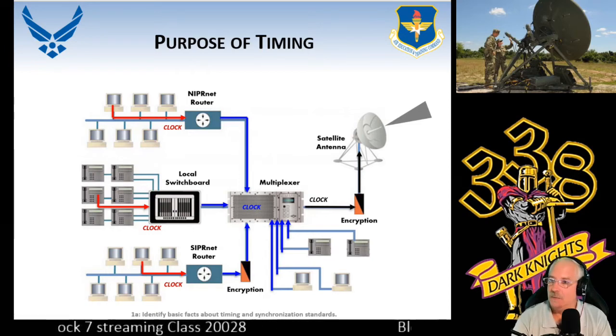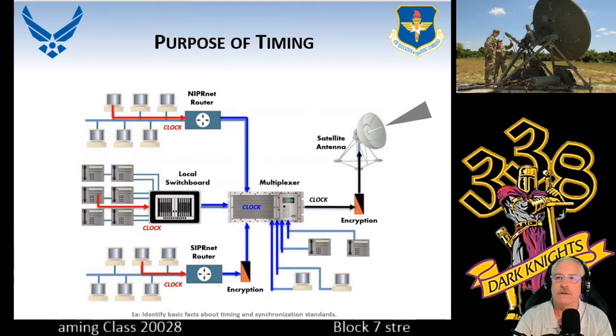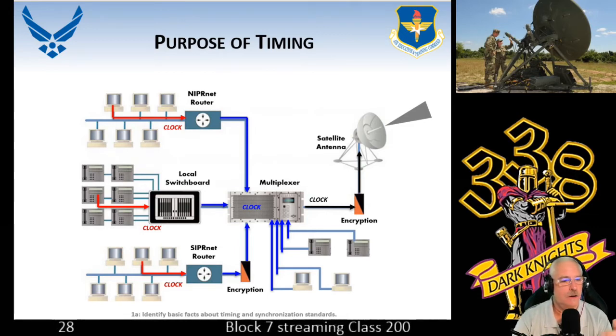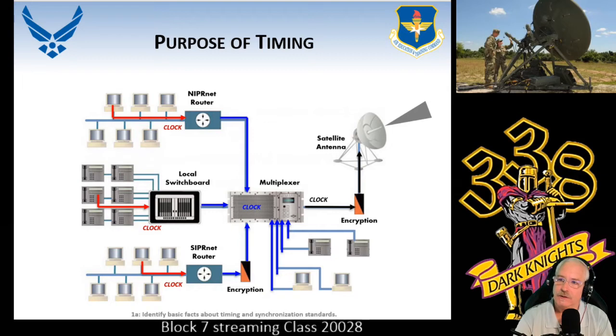This is an FCC 100, and you can see that we have multiple channels and multiple users on the multiplexer. From the top down, you've got a NIPRNet, a switchboard, a SIPRNet, and then off to the bottom right-hand side, you see phones and computers.